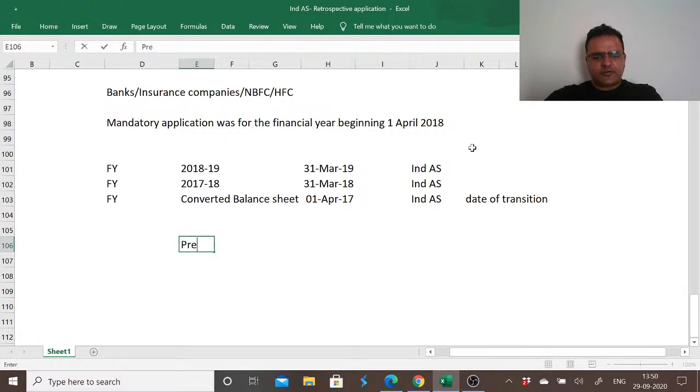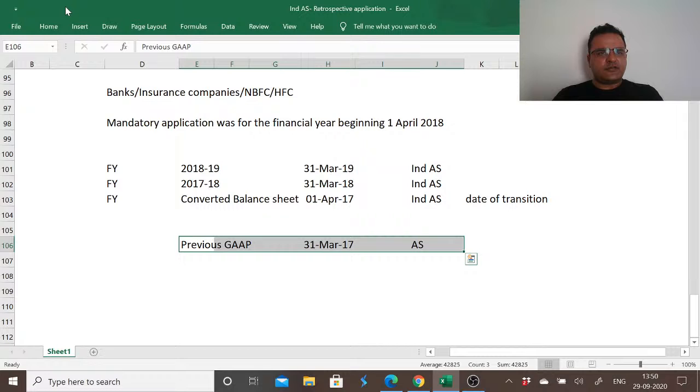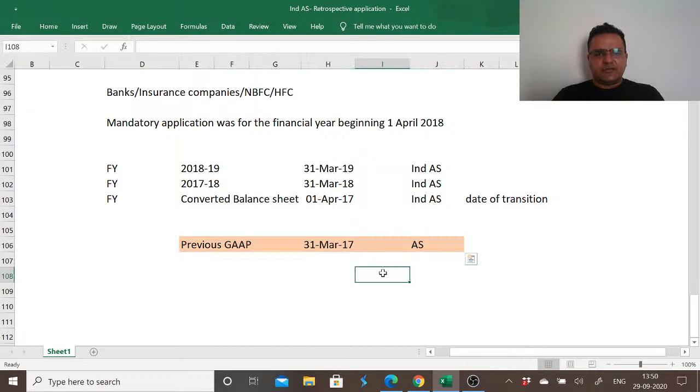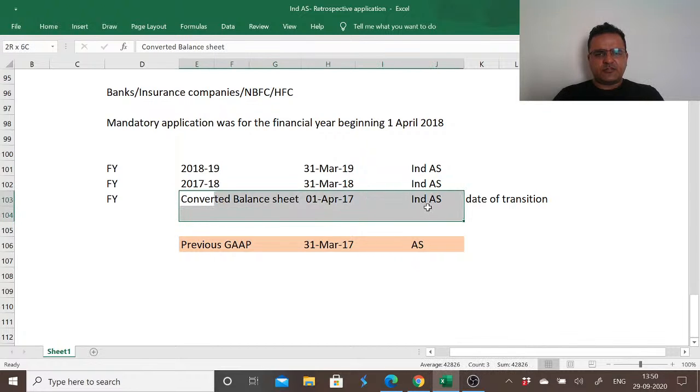The previous balance sheet was published on 31st March 17, which was based on AS. This balance sheet is converted, and the converted balance sheet was supposed to be of 1st April 17.